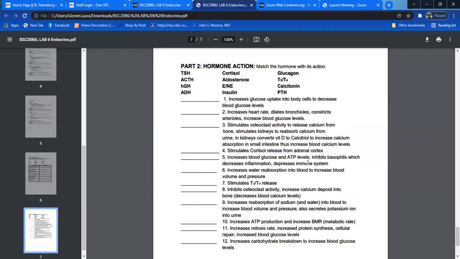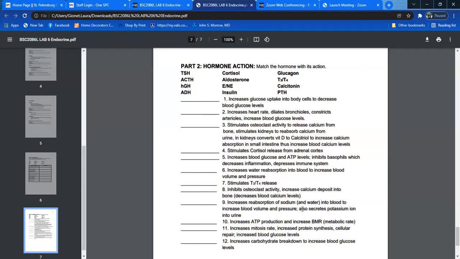Well, really, the only thing that causes you to get sick is a virus or a bacteria. But I will say that you are more susceptible. Your immune system can be depressed and inhibited when you're under a lot of stress and you're releasing a lot of cortisol. Increase water absorption alone at the kidneys, antidiuretic.